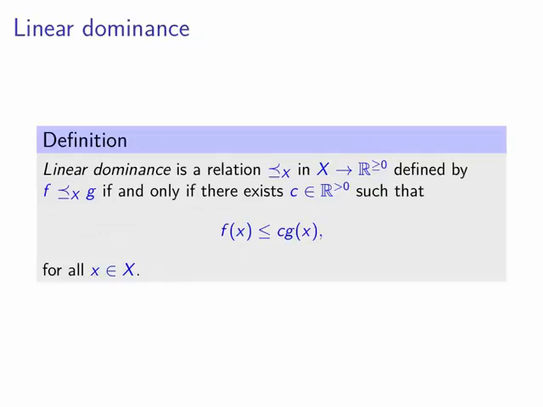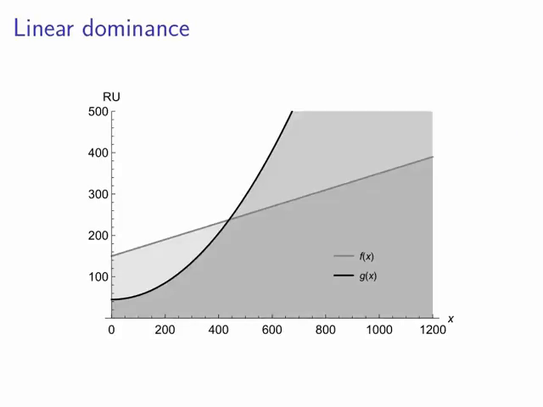Linear dominance is a relation on the cost functions defined by f is dominated by g if there exists a positive number c, so that f is at most c times g at every point. An example.